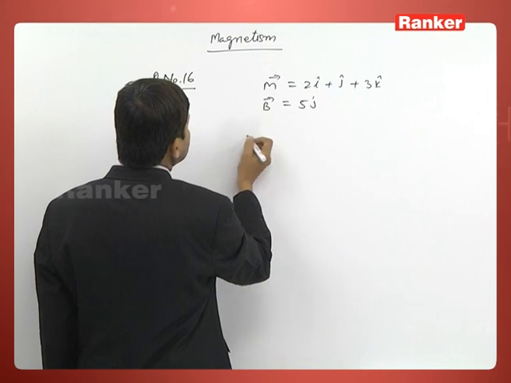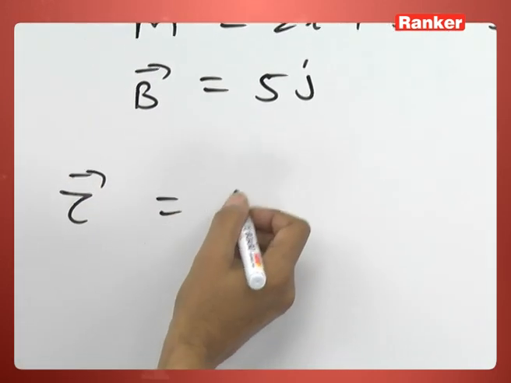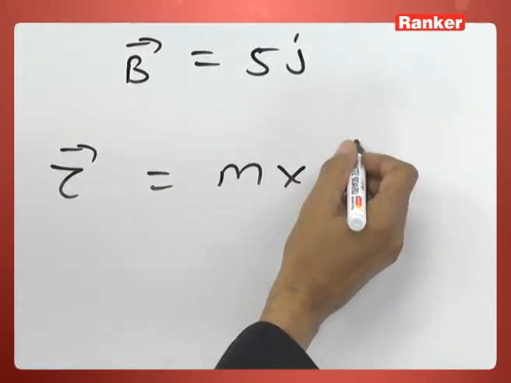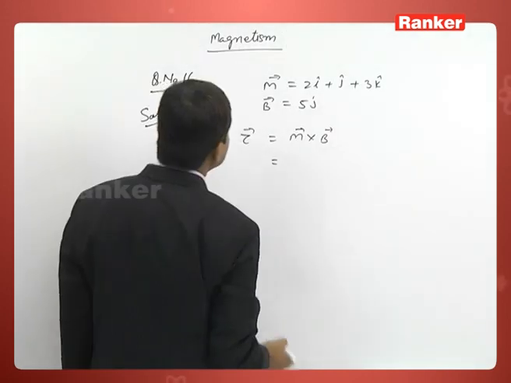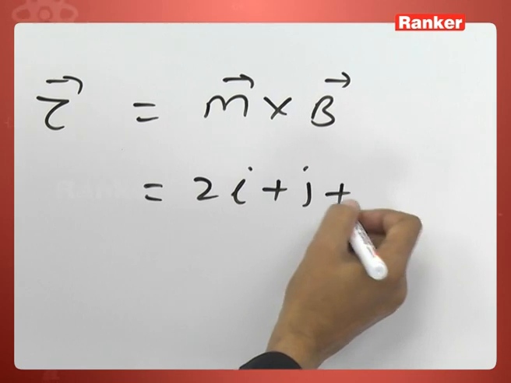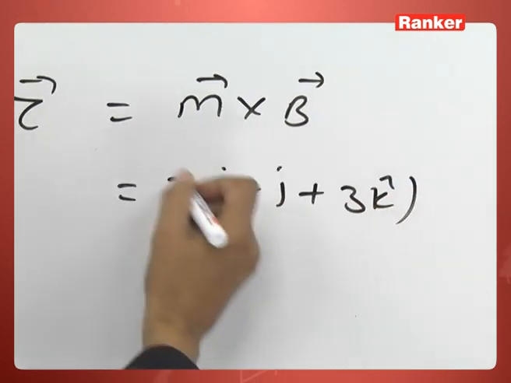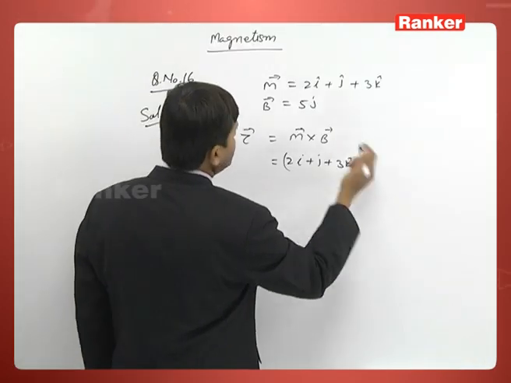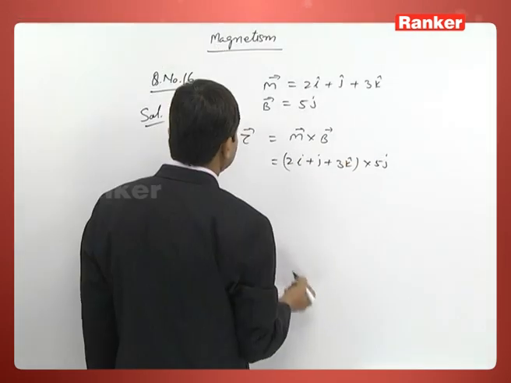As we know, torque is defined as M cross B, the cross product of M with B, where B is 5j cap.